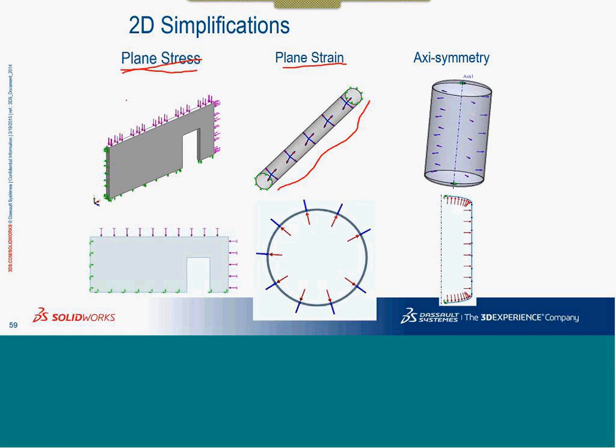There are many examples of this because many thin parts can be represented in this form. And if I remember rightly, one of the standard questions I get is of a bushing which has been used in the exam, and we are asked to use plane stress elements over there.